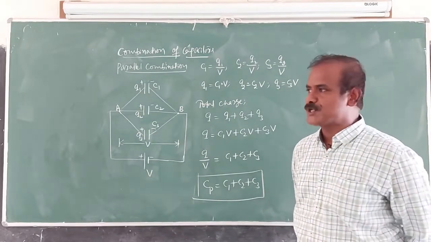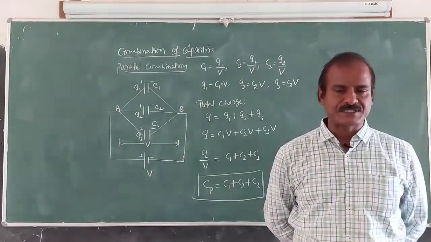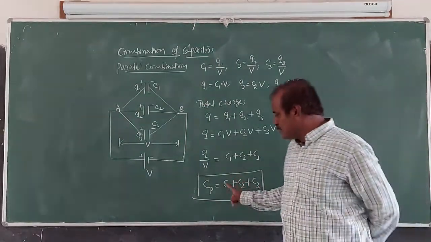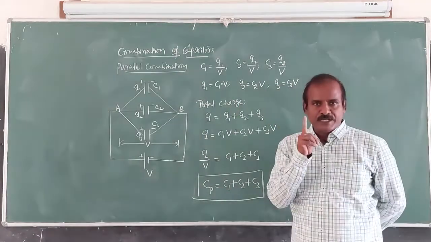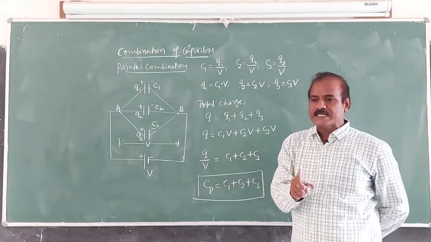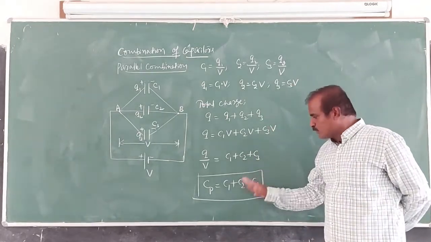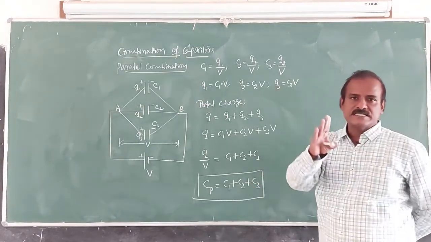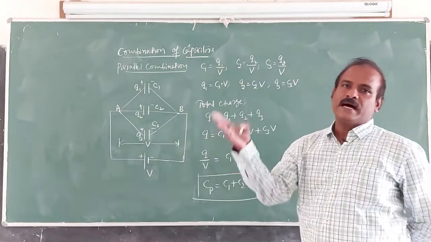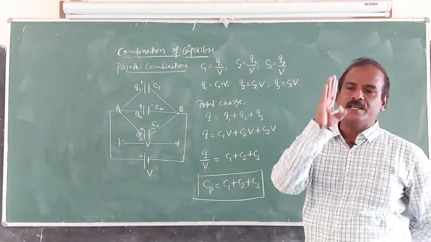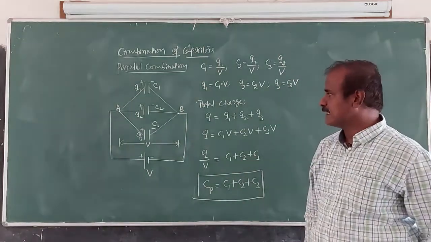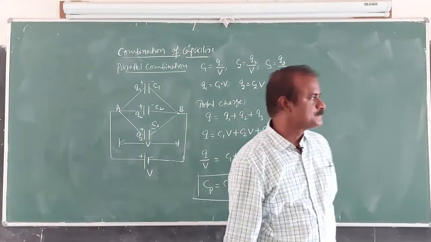In series combination, total capacitance decreases. In parallel combination, the total capacitance must be greater than the greatest among the capacitors combined. Out of three capacitors, which is highest, the effective value will be higher than that highest value, greater than the greatest value, like that.